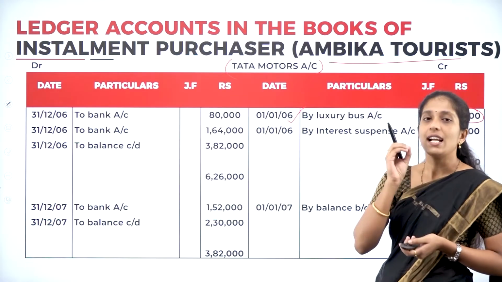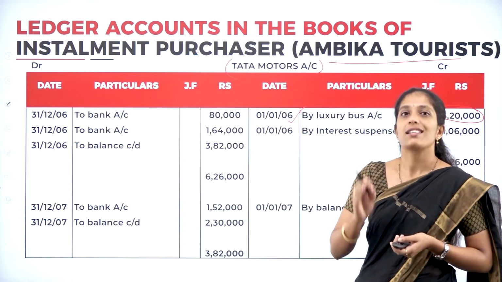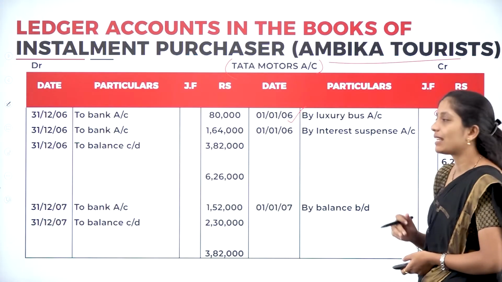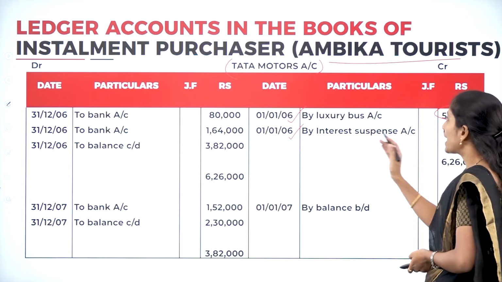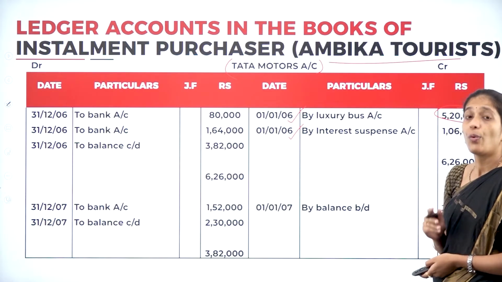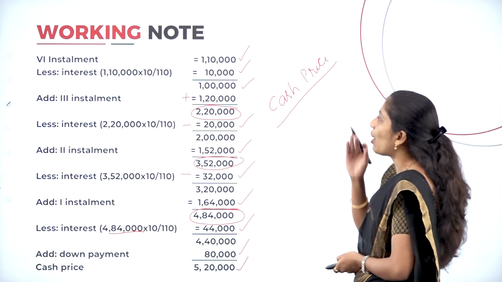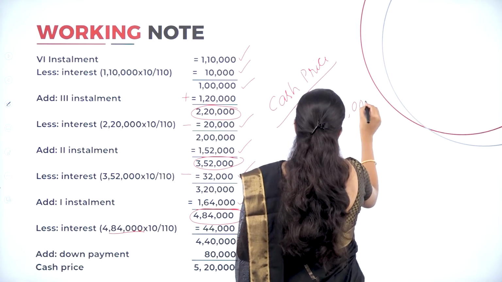So what is the entry? Asset account debit, interest suspense account debit, to installment seller account. So how do you record here? By asset account, by interest suspense account. That is on the date of purchasing of asset. Now what is the amount that has to be recorded here? We have to add all the interest. Fourth year interest is 10,000.